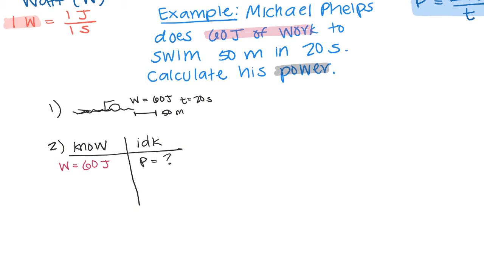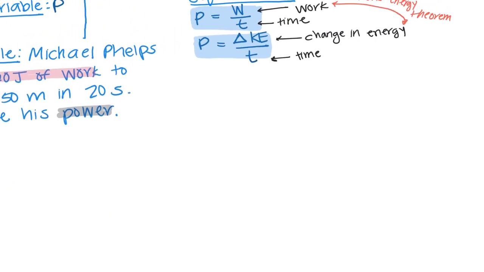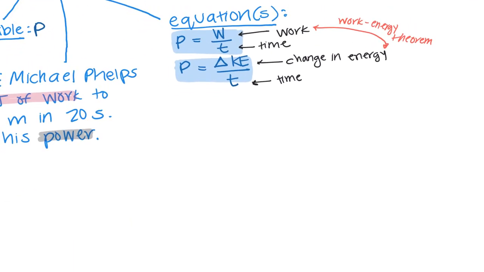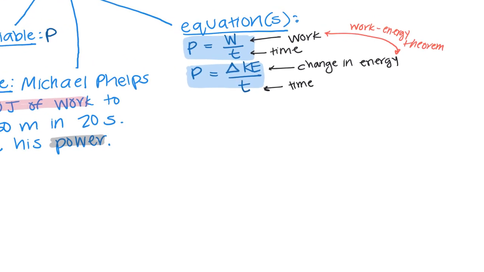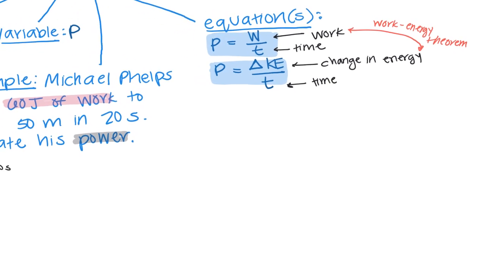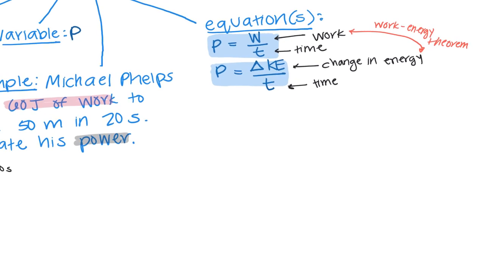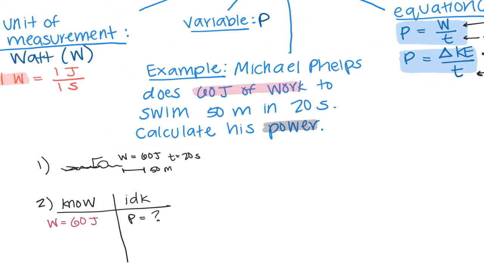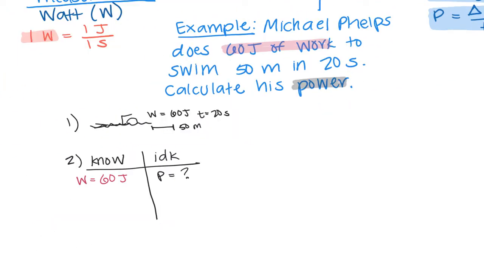All right, and you'll notice if we're just keeping this stuff in mind and looking ahead to step number 3, there is nothing in either one of these equations that asks for Michael Phelps's distance or displacement here. All right, so what I want you all to realize is that this 50 meters in the problem is really just to throw us off.